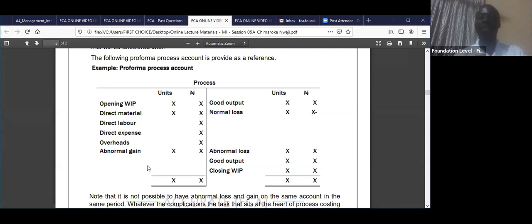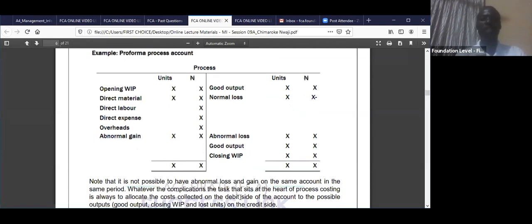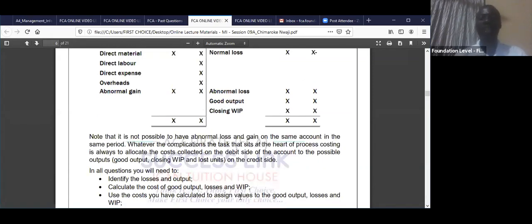Never. It's either you have abnormal loss or you have abnormal gain, or you may not even have either of them. So you have just good output and normal loss, or you have good output and abnormal loss. It says here that it is not possible to have abnormal loss and gain on the same account in the same period.